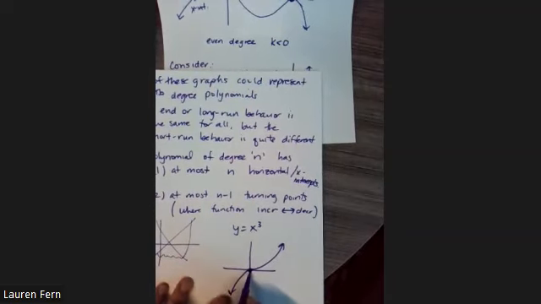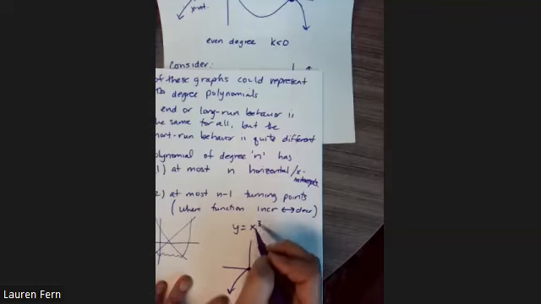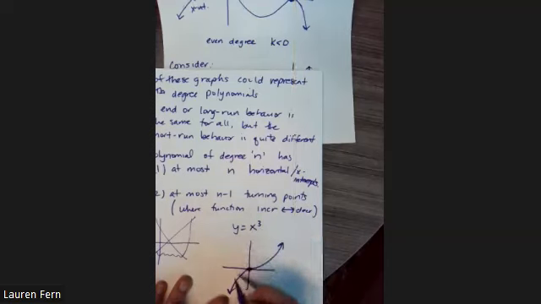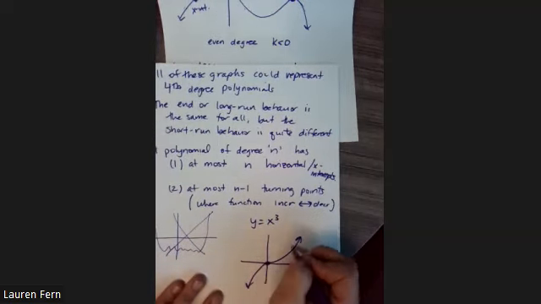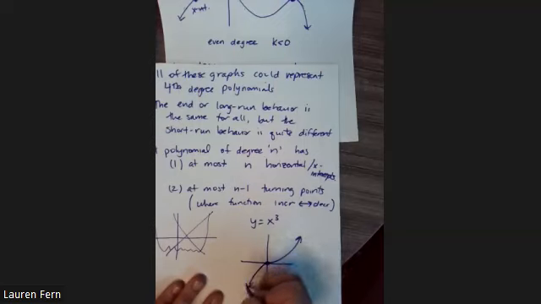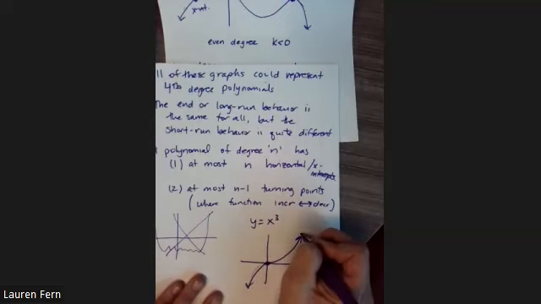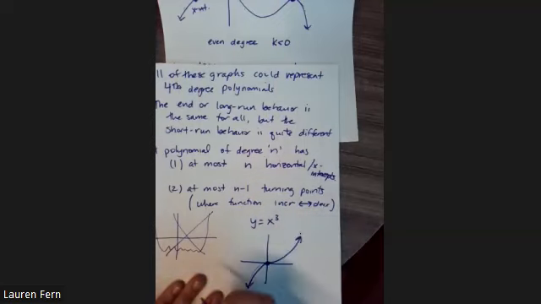And this follows because when we're talking about a degree 3 polynomial, we can have at most 3 intercepts. In this case, we just have one. The other thing is, notice here, we have no turning points. This is increasing everywhere. So that's what we mean by at most.